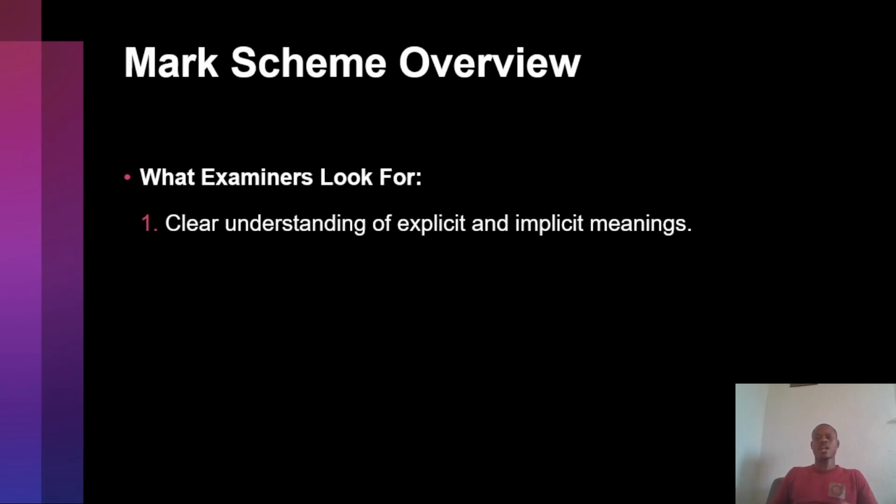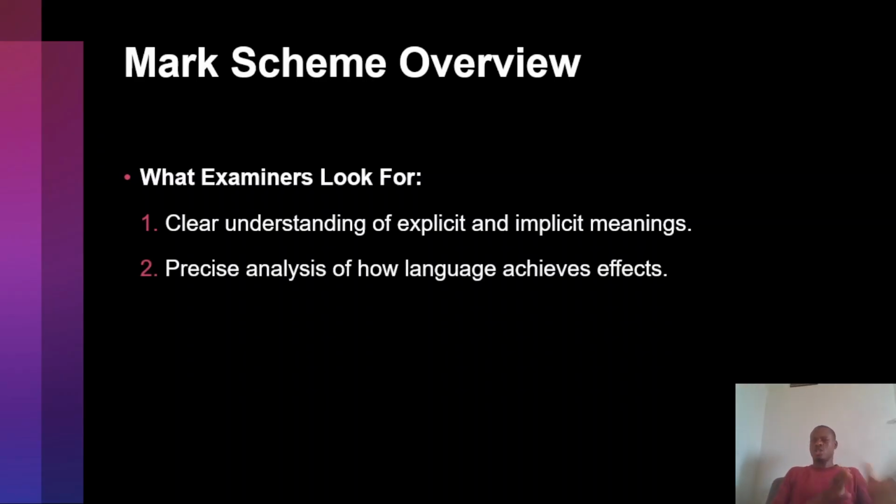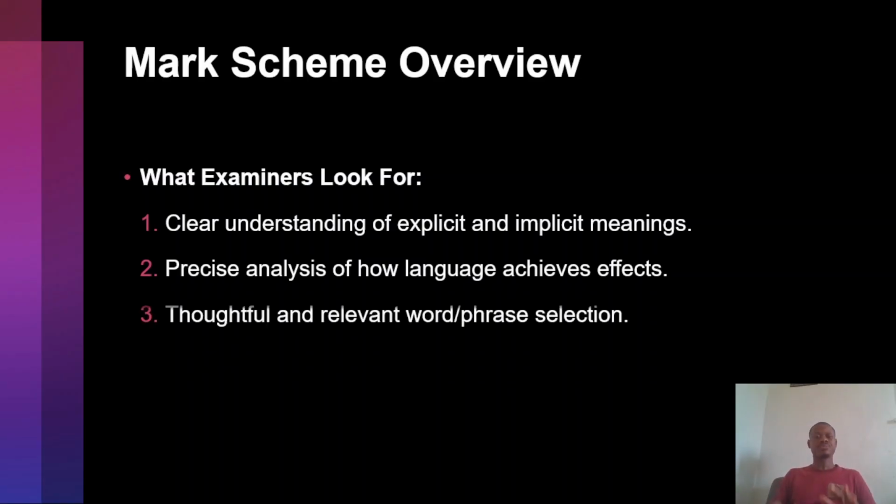Implicit is what is not said on the surface, but you need to use your own initiative, your IQ, to decode what is being said. But that's not all. You should use precise language analysis. You should precisely analyze how language achieves effect. Don't be vague. Be straightforward in your analysis.